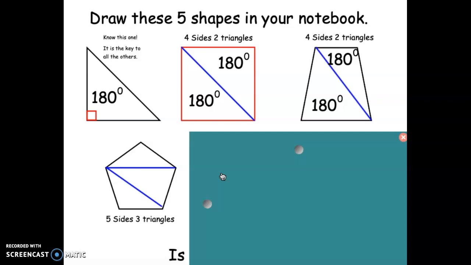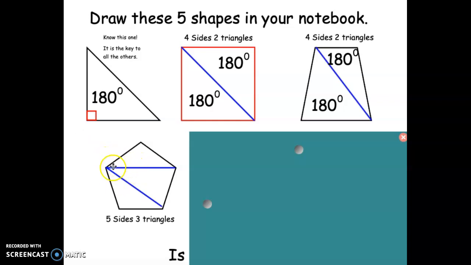When we had 4 sides, we had 2 triangles, and now we have 5 sides and 3 triangles. Note that I started here at that vertex and I drew all my triangles out. So I have 1, 2, 3 triangles. Those 3 triangles, now we could say that figure has 540 degrees of interior angle sum, the angles inside.